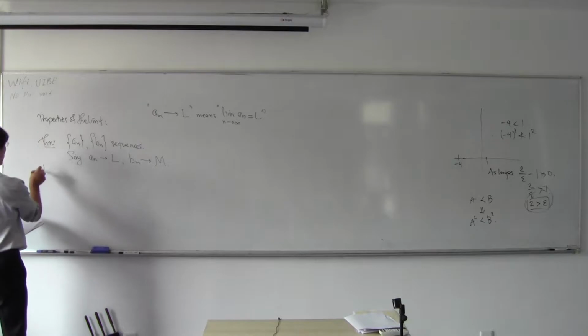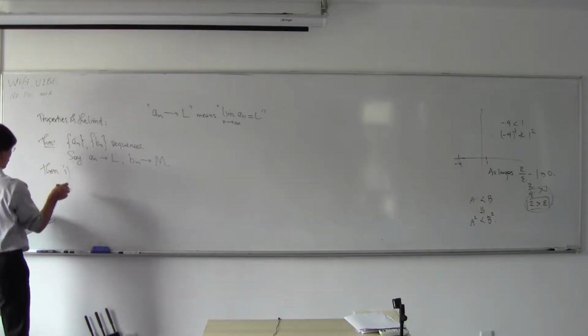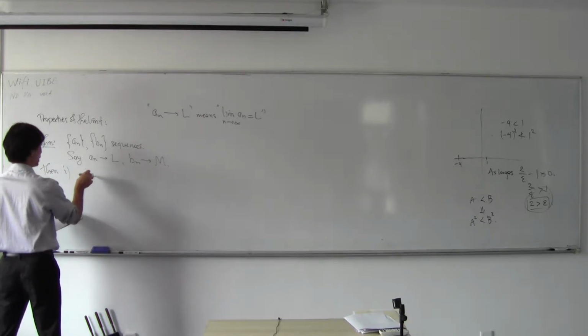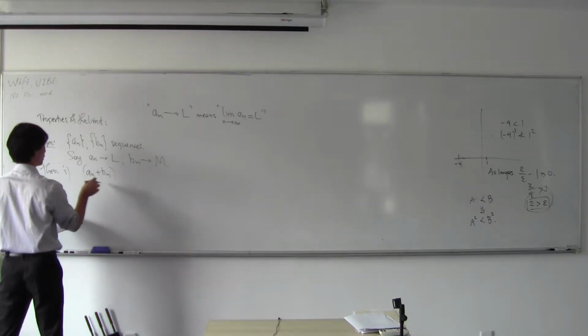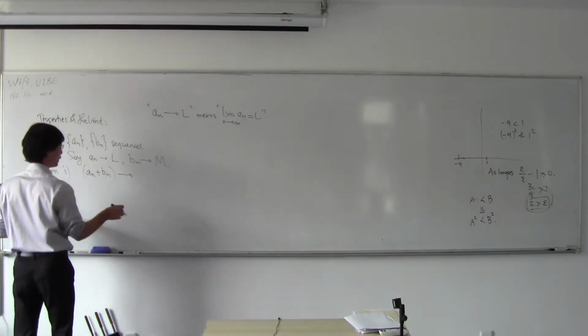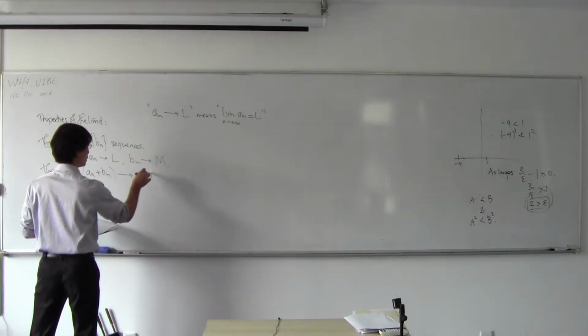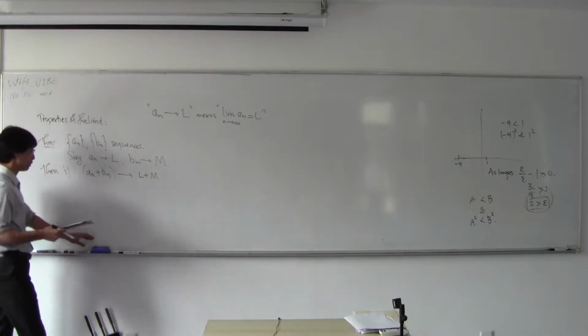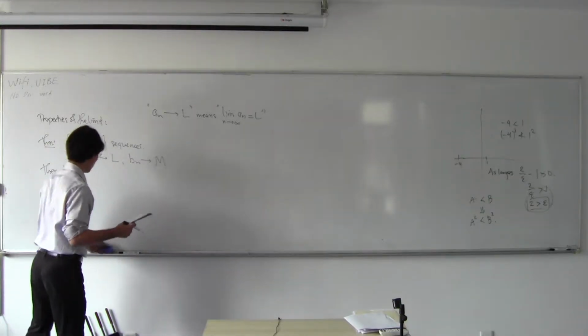So if that happens, then one, a sub n plus b sub n, this sequence converges to the sum of the limits. Maybe I'll write it using normal limit notation.